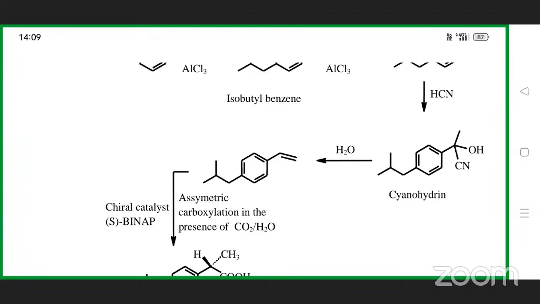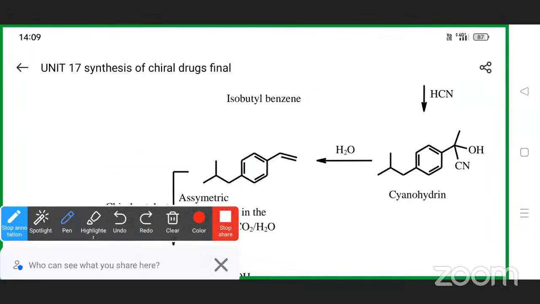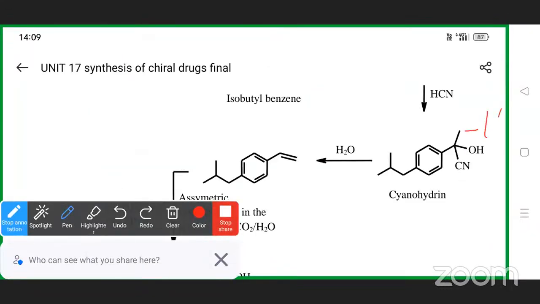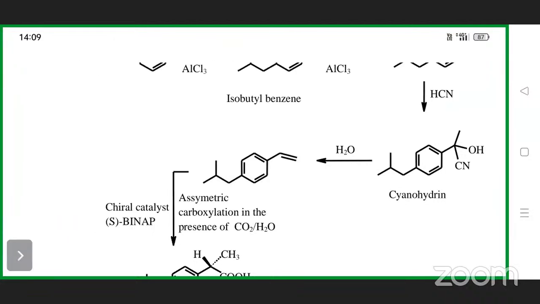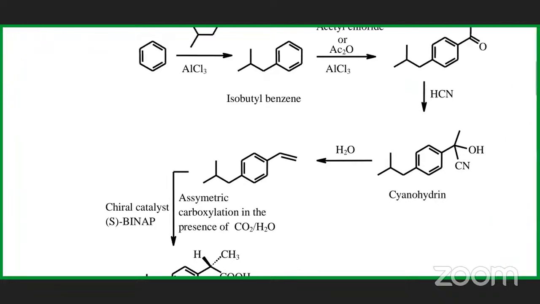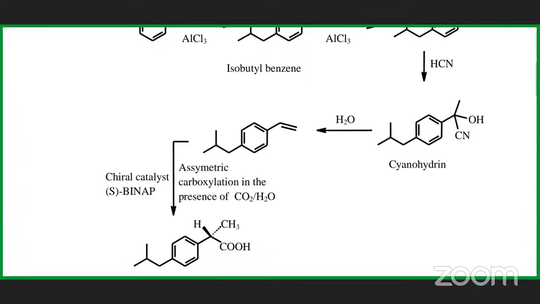Upon hydrolysis, the hydrogen is going to remove the water molecule. So the dehydration reaction is taking place here, minus H2O, and we got this particular vinylic isobutylbenzene, para-vinyl isobutylbenzene.